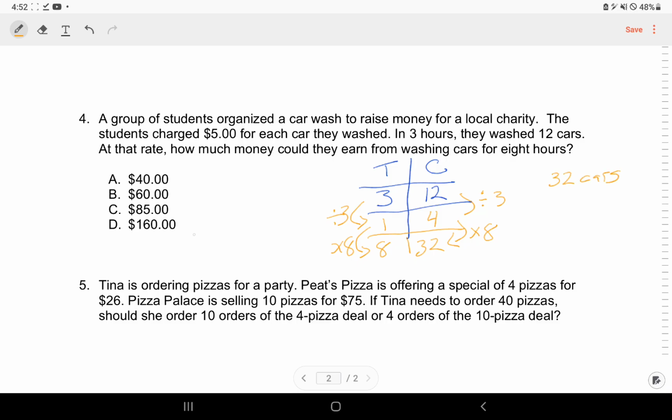Well, 32 is not an answer choice. It's $5 for each car. So we multiply by 5. 5 times 2 is 10. Carry 1. 5 times 3 is 15, and 1 is 16. So that's $160.